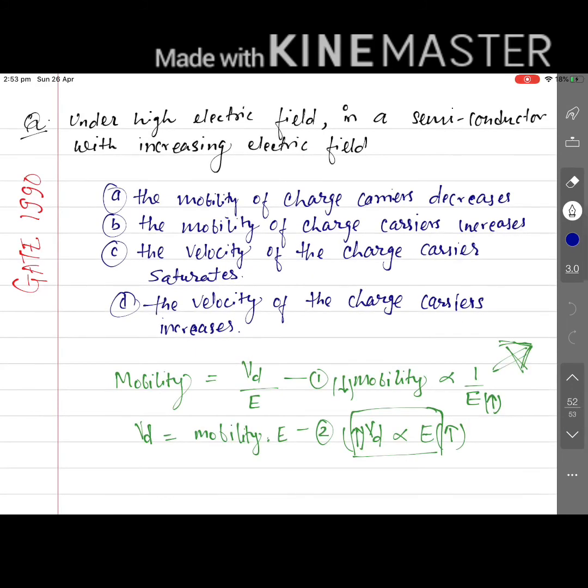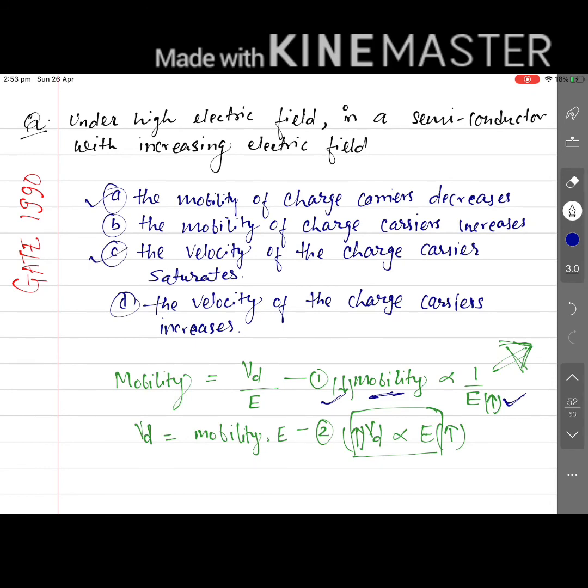So the answer for this question would be A, the mobility of charge carrier decreases. So here you can see that when increasing the electric field, the mobility of charge carrier decreases. And answer C, the velocity of charge carrier saturates.